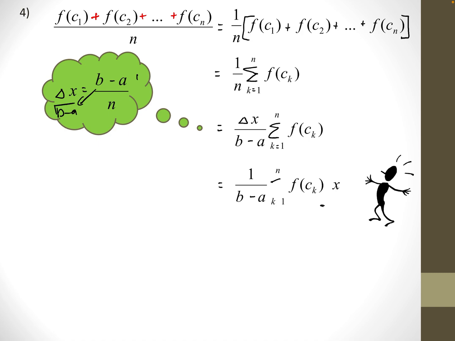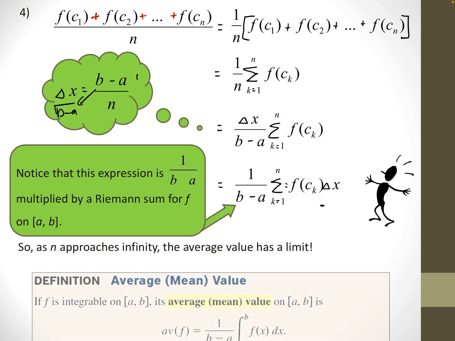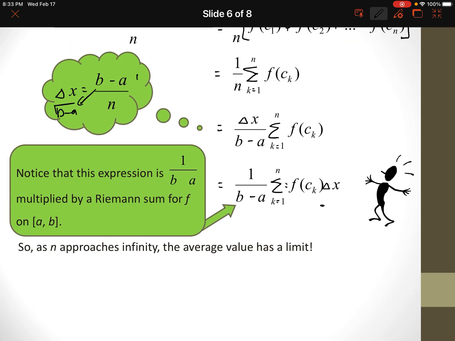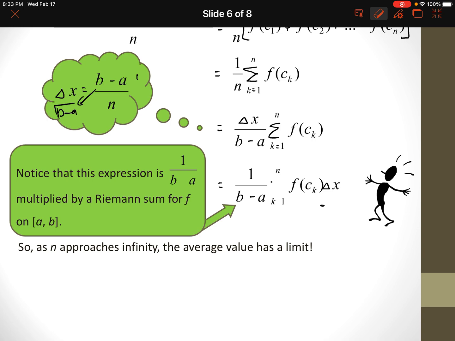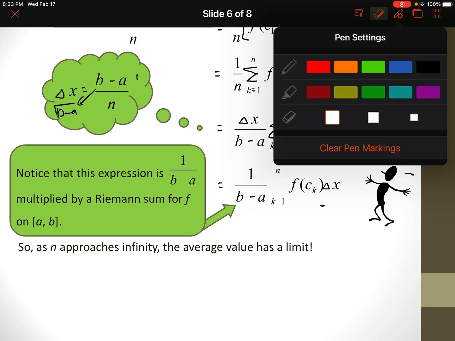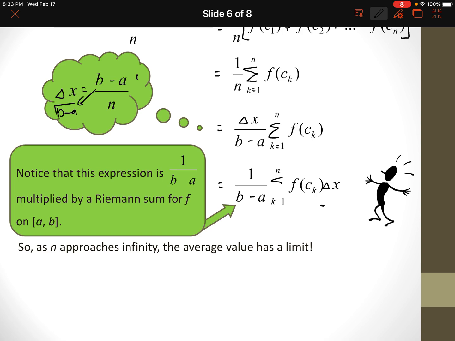If I move that delta x back into the sum, sort of uncommon factoring it into here, what I get is 1 over b minus a, sigma k equals 1 to n of f at ck delta x.